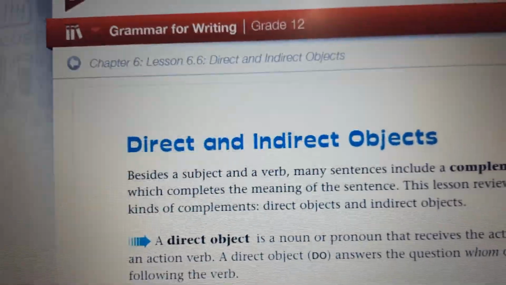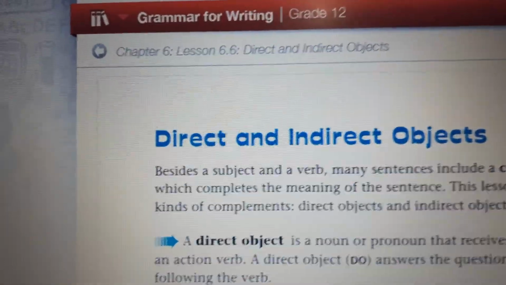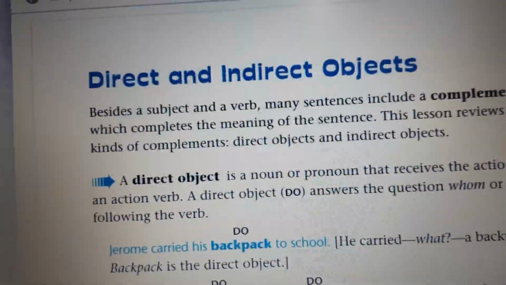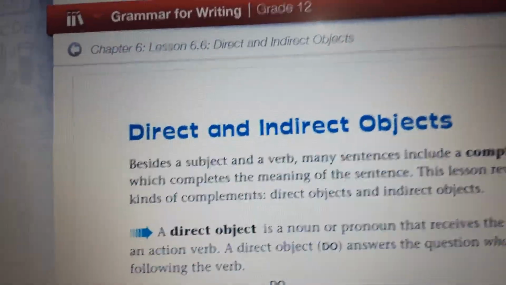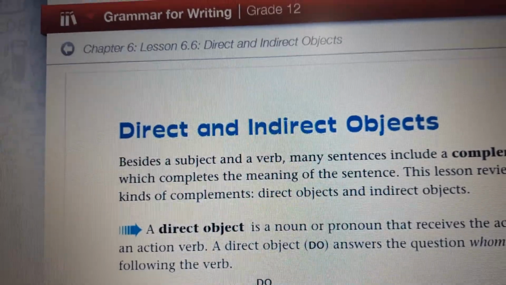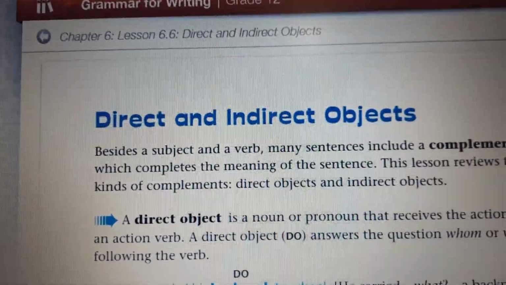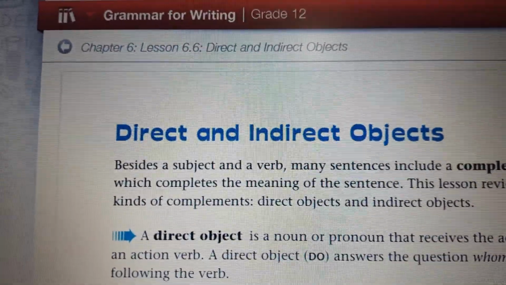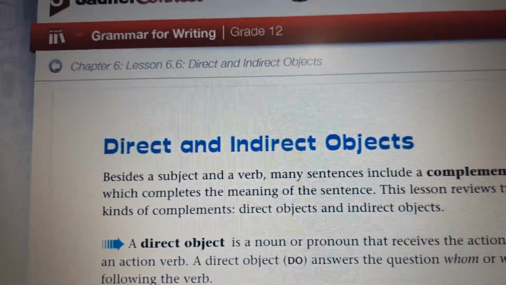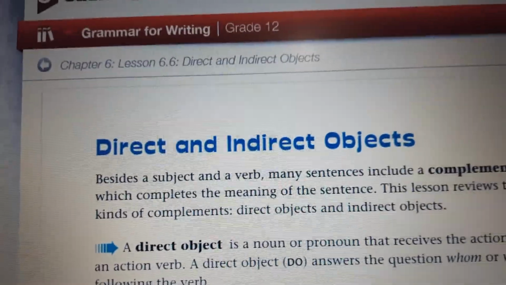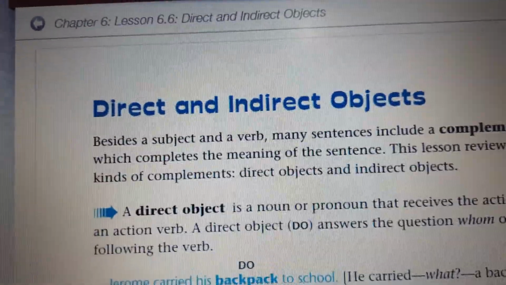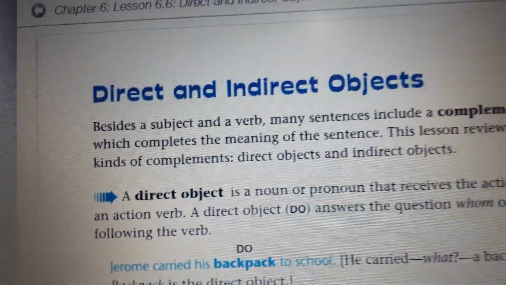But maybe you didn't know that in this sentence we have direct and indirect objects, or you don't know how to underline them if we have a question about direct and indirect objects. Okay, it's easy, super easy actually.